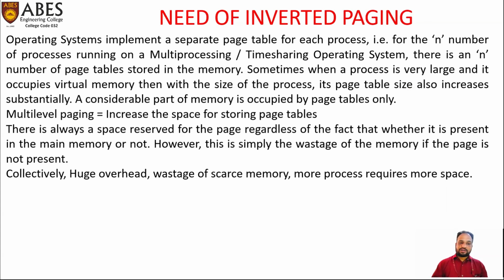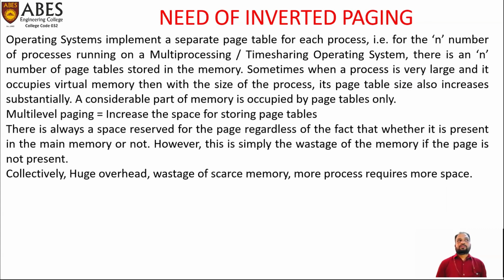To overcome these issues, we go with multi-level paging, which increases the space for storing the page tables, as the substantial page tables are stored level-wise. But there is always a space reserved for the page, regardless of whether the particular process or page is available in the main memory or not.